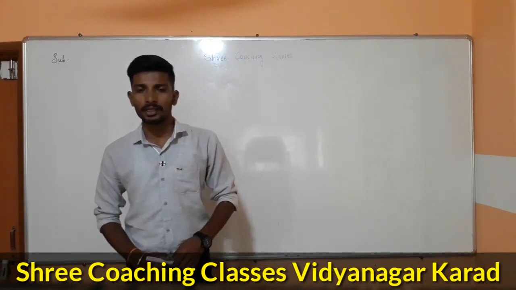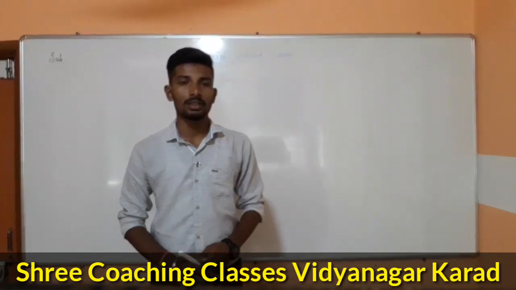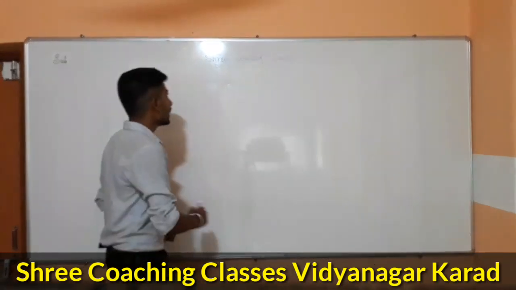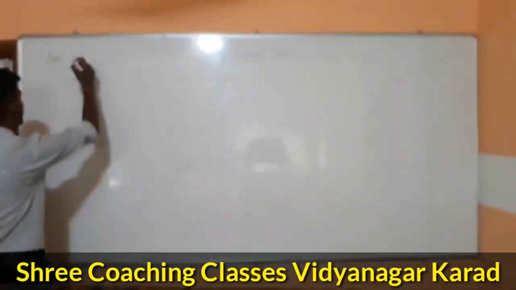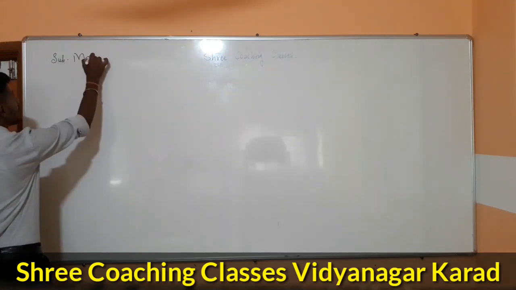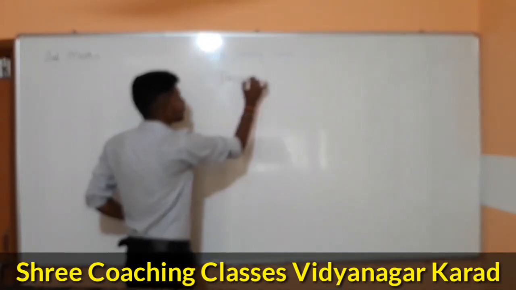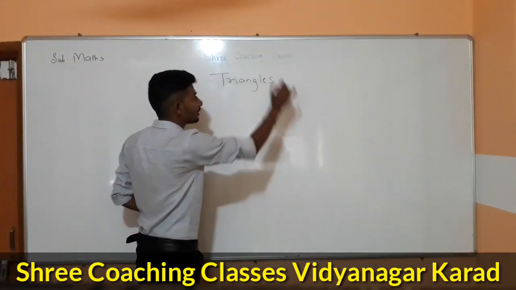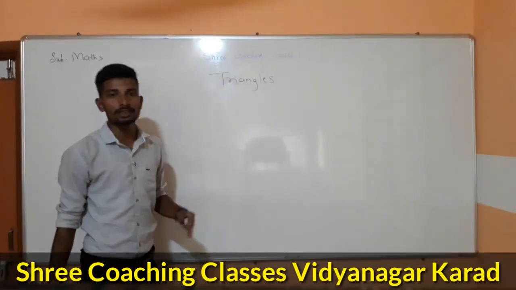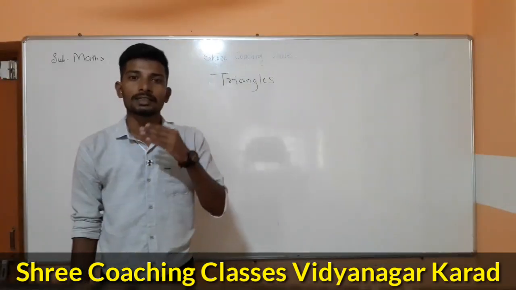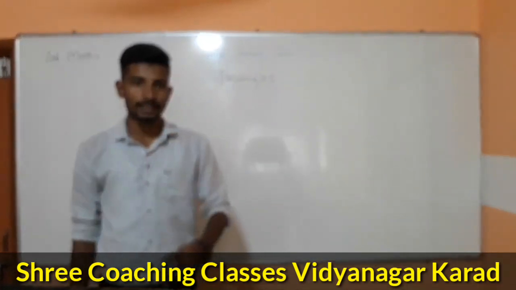So, what is a triangle? What is the figure of a triangle? Let us see our new topic, triangle. The name itself gives us the meaning of three angles or three sides.